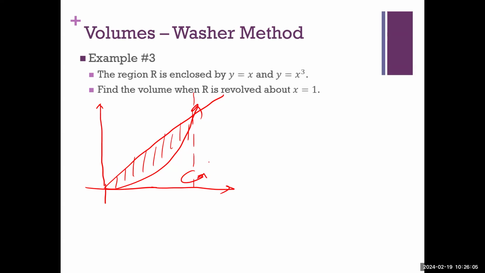So I am looking at the same exact two-dimensional area, same region, same location, but now I'm going to get a different volume because I'm going to rotate it around a different line. So now let's talk about what things have to change here.